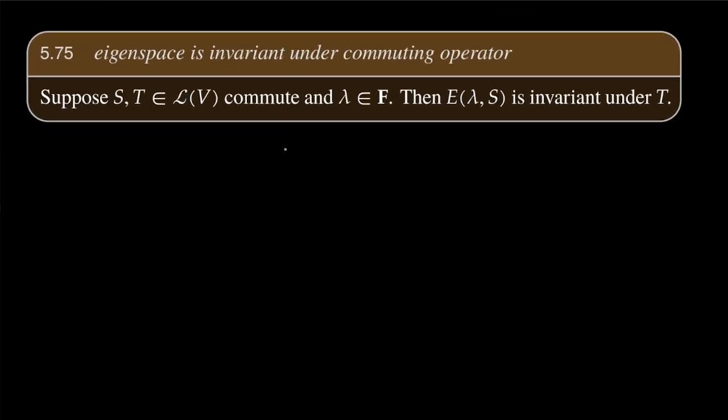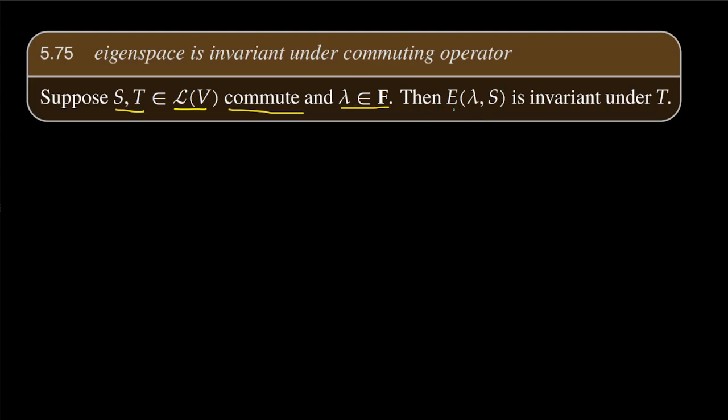Here's another thing. Just keeping the theme, we're going to go through some of this early part kind of quick because it's not too hard. We're just going to show that a bunch of nice things happen for pairs of commuting operators. So here we've got S and T, operators on a vector space that commute, and lambda an element of the field.